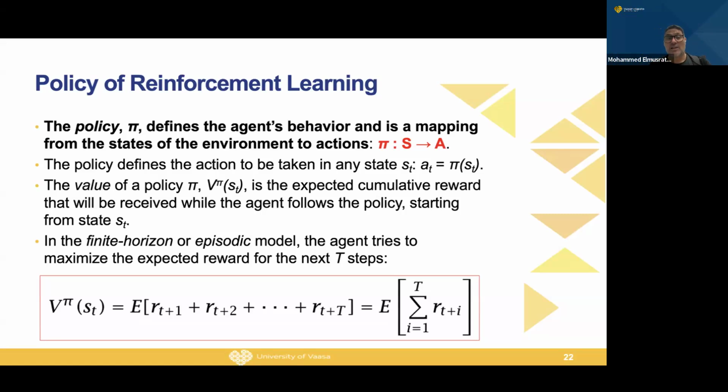Based on this action, it will move you to state ST plus 1, and in state ST plus 1, you will get reward RT plus 1 on the average. It is the expected reward. It can be plus, minus, it can be increased, decreased. Now you are in T plus 1, in state ST plus 1. You take action AT plus 1. You will move to ST plus 2, and you will get reward RT plus 2, and so on.